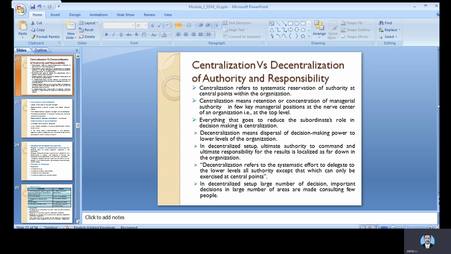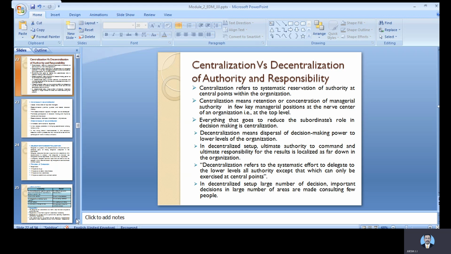In a decentralization setup, ultimate authority remains with a common command. Sometimes you have to decentralize the work because you have to make sure that the process happens in a smooth, systematic way.